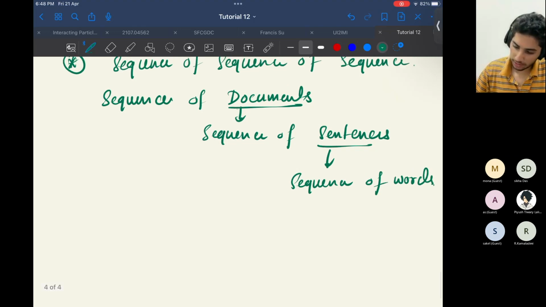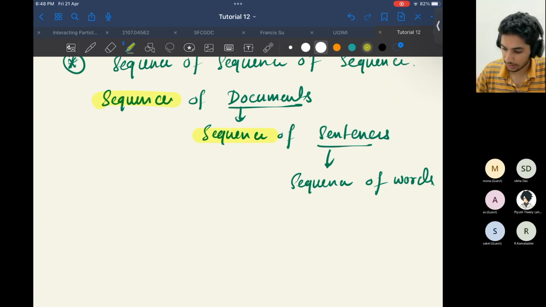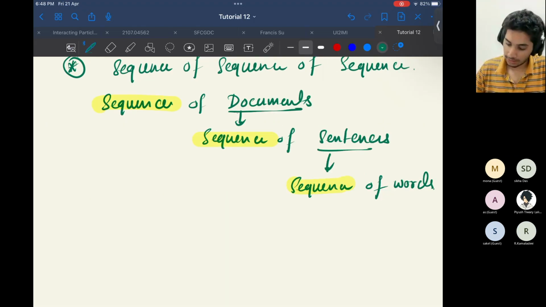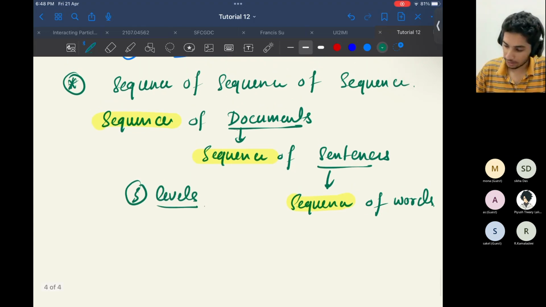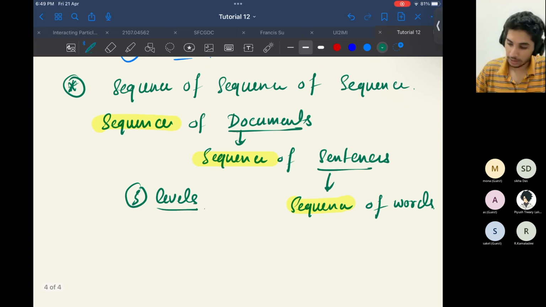So here you can see a structure which is a sequence of a sequence of a sequence, right? So in this case, what you will need is actually a three-level hierarchy.